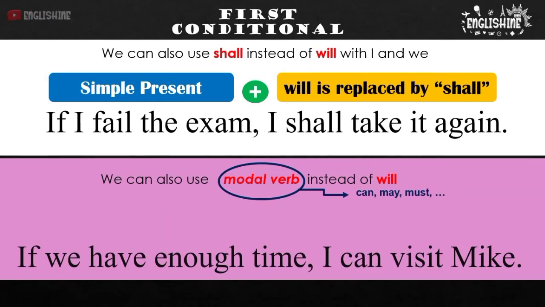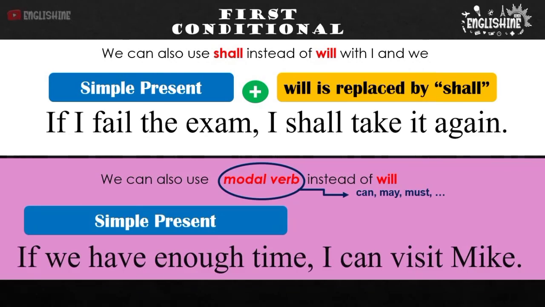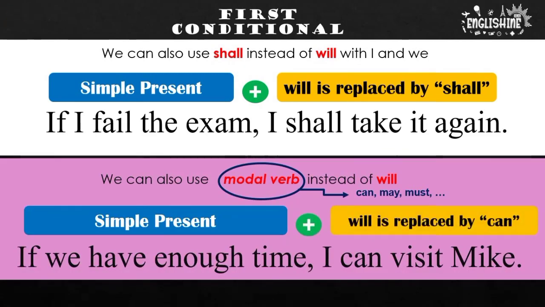The first sentence, if we have enough time, is using simple present. And the second sentence, I can visit Mike, is using the modal verb can that replaces will. Remember, will can be replaced by other modal verbs.